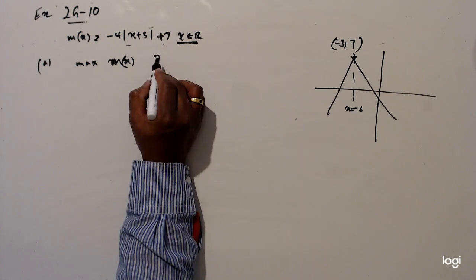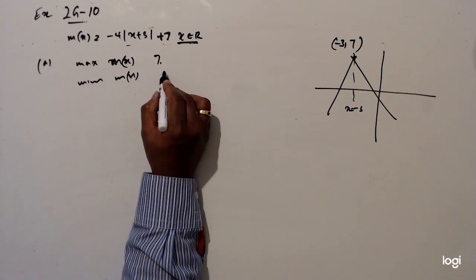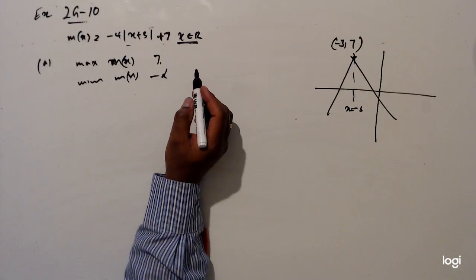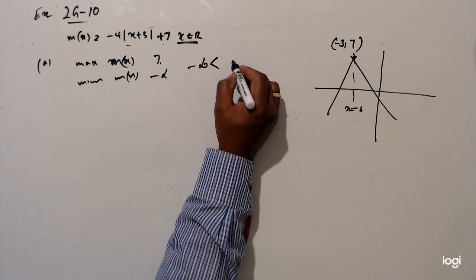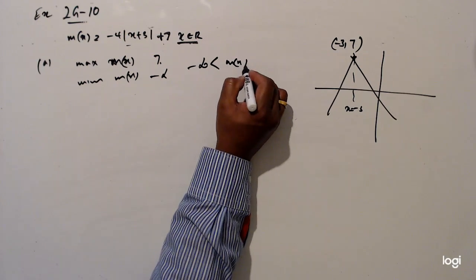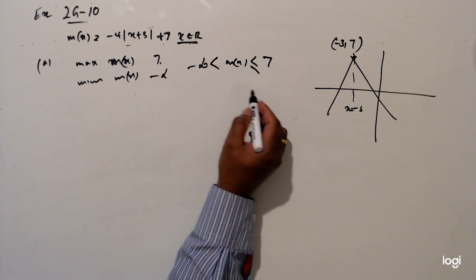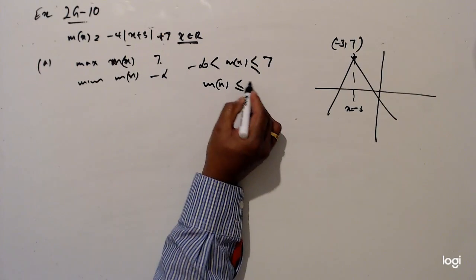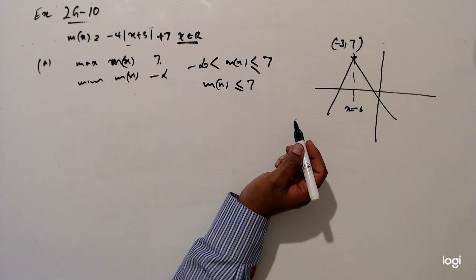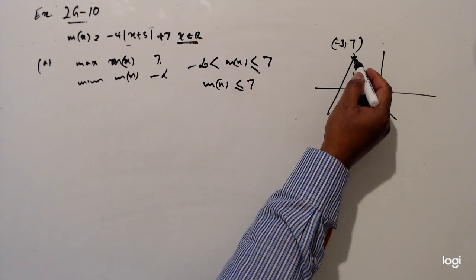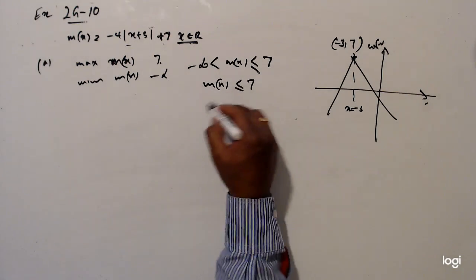The minimum of m(x) is minus infinity. So you can write m(x) less than or equal to 7.